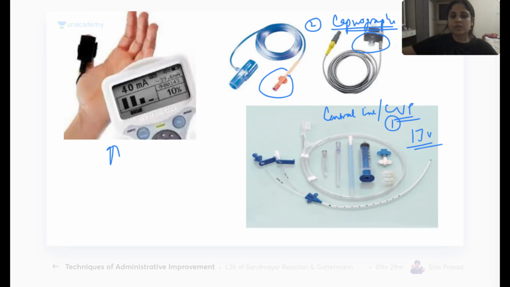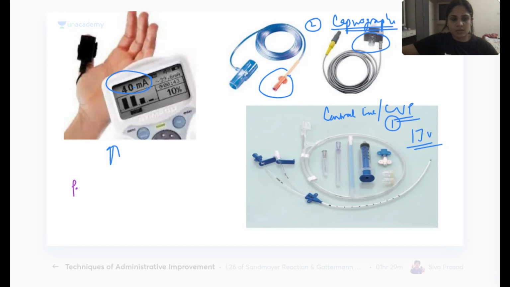Okay, and what is this monitor that I'm attaching to the thumb and checking? I will stimulate the ulnar nerve over here and I'll see the movement of the thumb. Saturation, no. See over here, I'm connecting electrodes to the ulnar nerve. I'm stimulating the ulnar nerve and seeing the movement of the thumb by giving this current. What is this monitor called? Yes, very good.